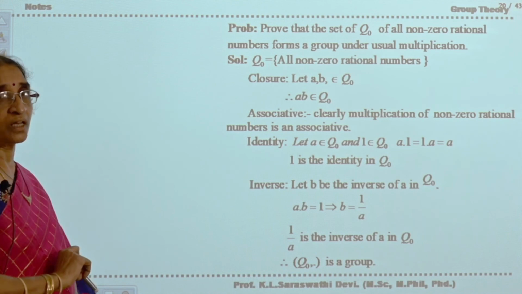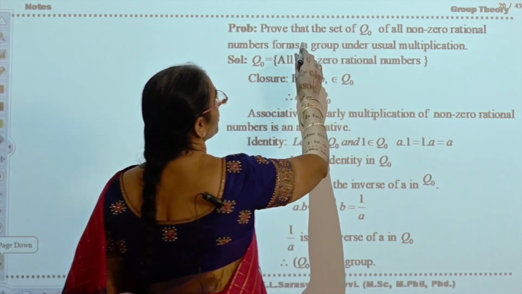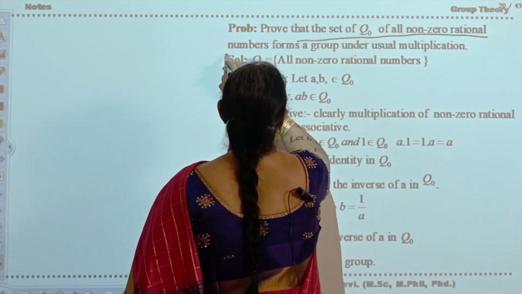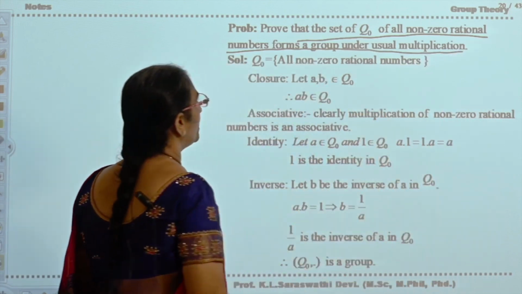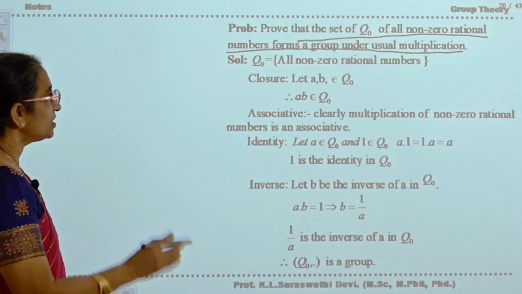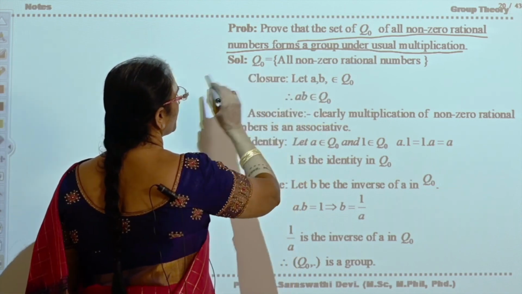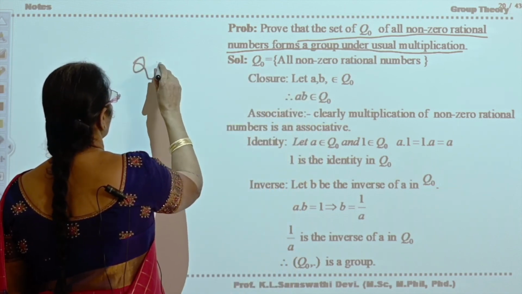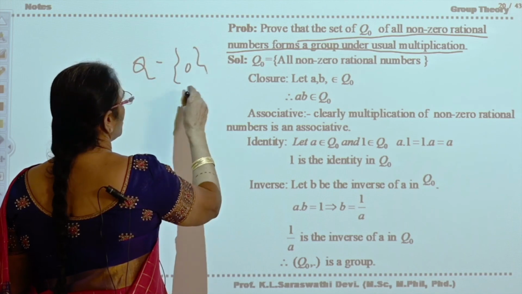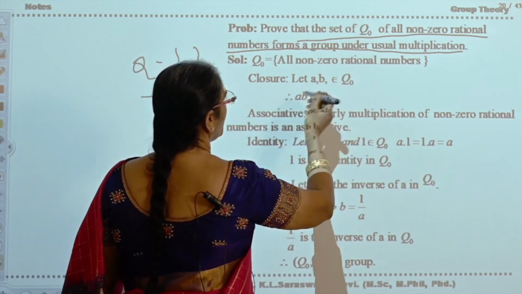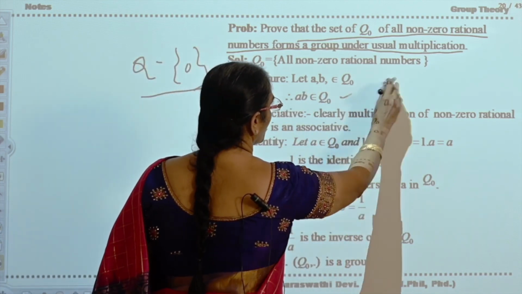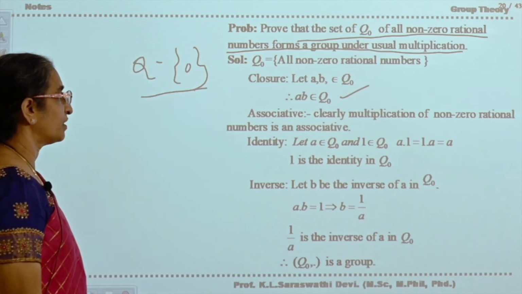Now see this also. Prove that the set Q naught of all non-zero rational numbers forms a group under usual multiplication. This also is very simple. Q naught means Q minus singleton 0. Let a, b belong to Q naught. The product of two rational numbers is again a rational number.